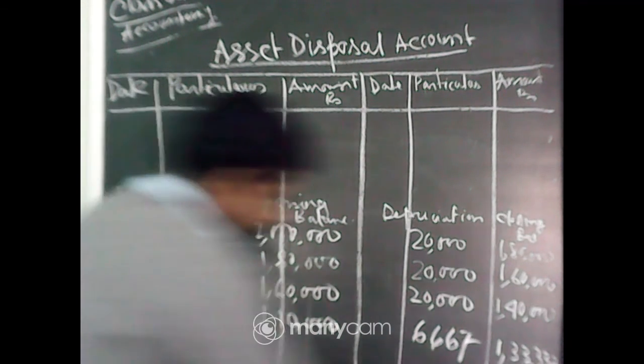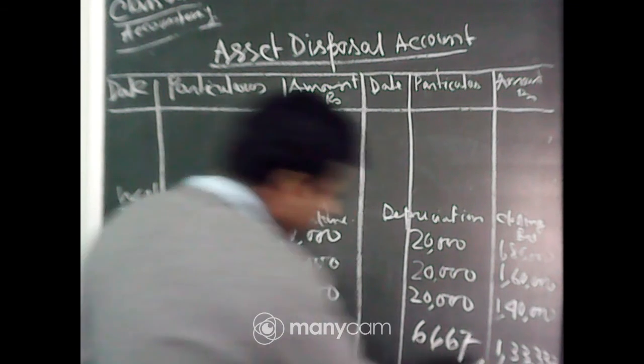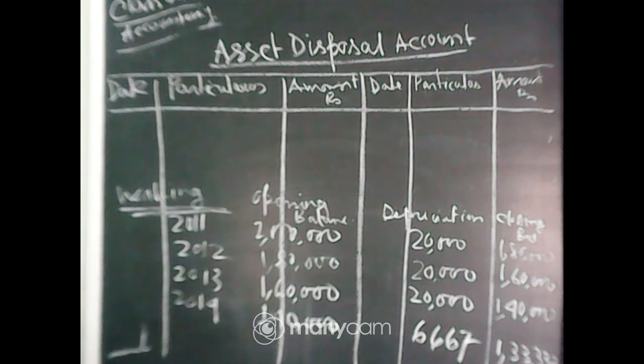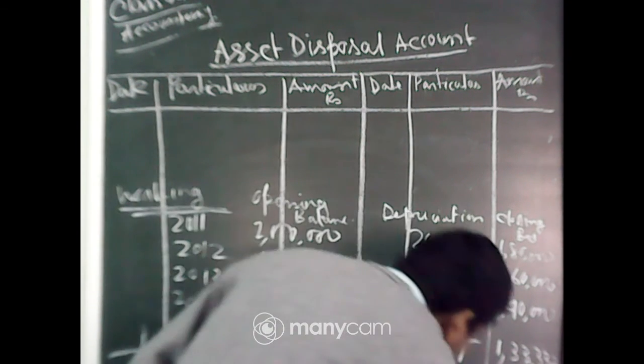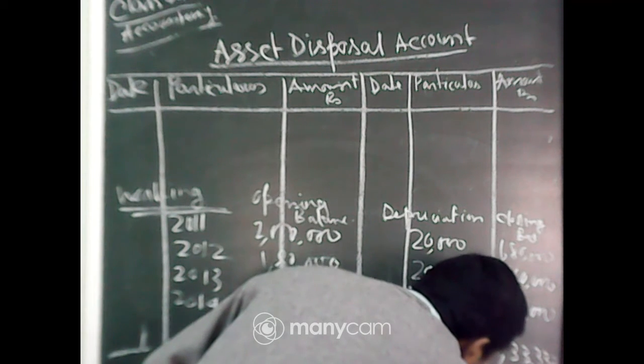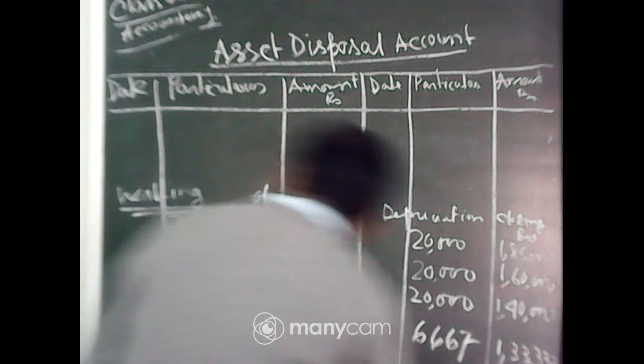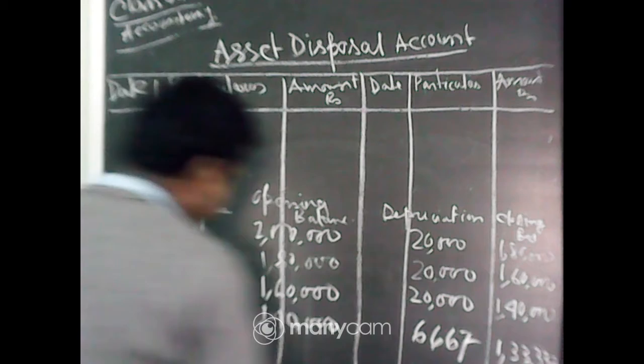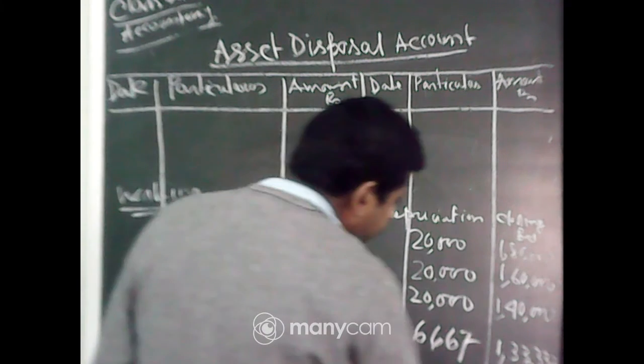So obviously we have a loss on sale, that is 58,333. Okay, 58,333 will be the loss.